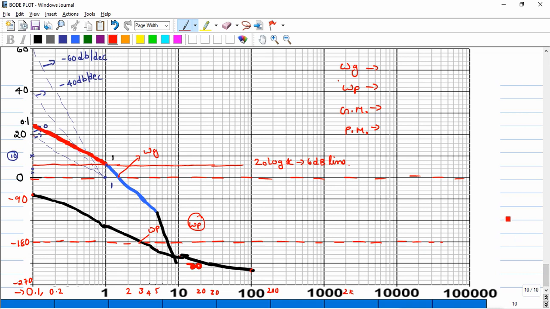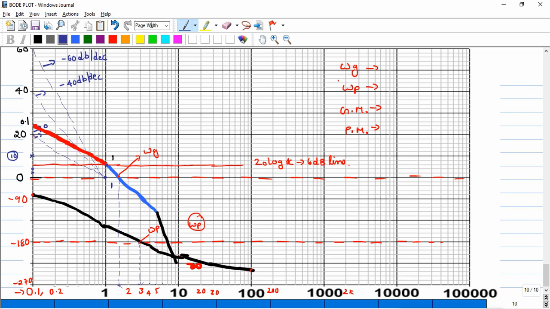So you need to draw a construction line, okay, make it till down. So this particular point will be omega g, and same way if you mark down, this particular point will be omega p.